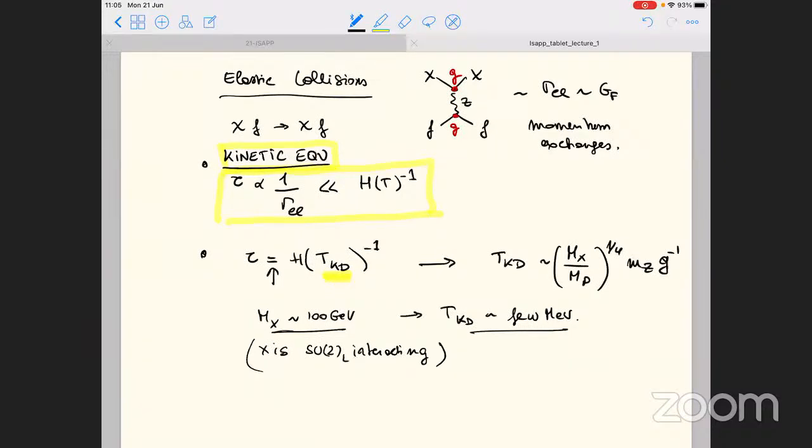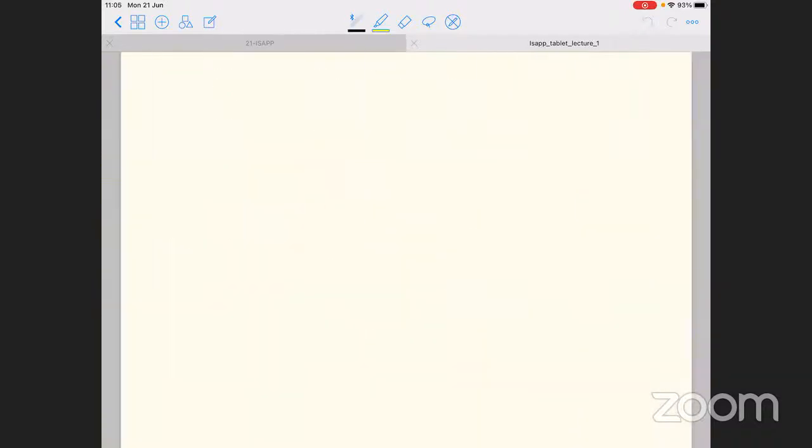So, assuming that we are at temperature above the temperature of kinetic decoupling, we can expect that there are fast momentum exchange between the dark matter, for example, and the heat bath in order to assume that they are in kinetic equilibrium, okay?